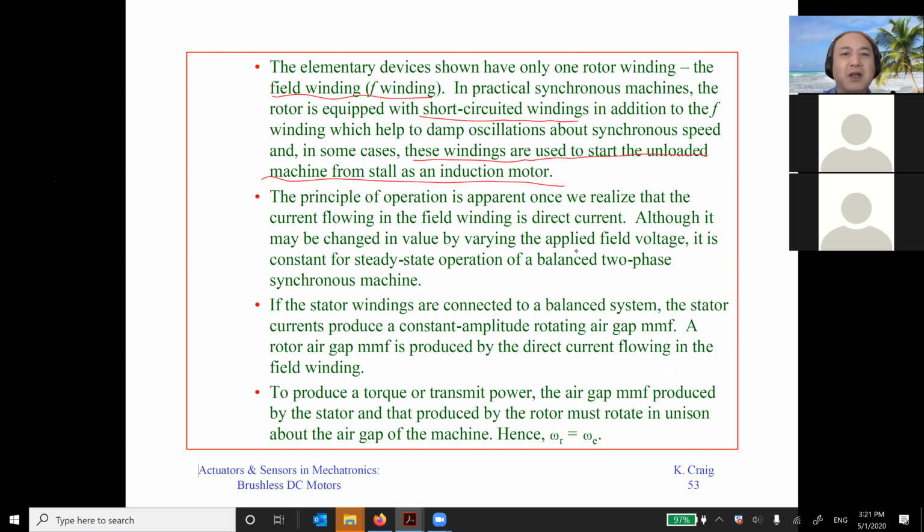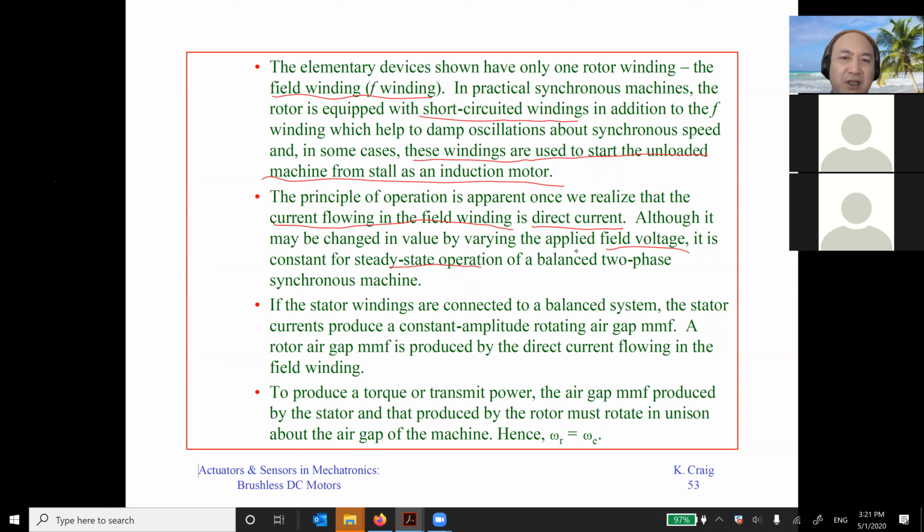So what's the principle of operation? The current flow in the field winding is DC. Although it may change in value by varying the applied field voltage, it is constant for steady state operation of a balanced two-phase synchronous machine.